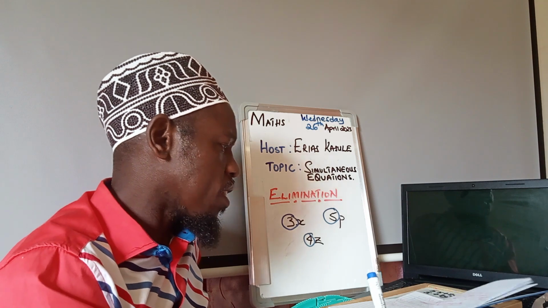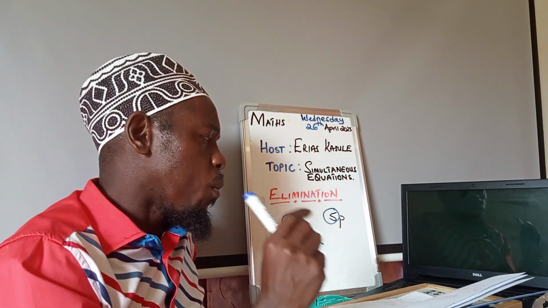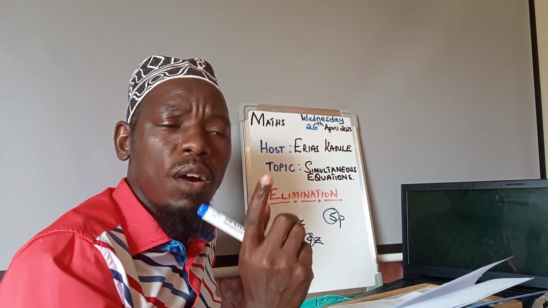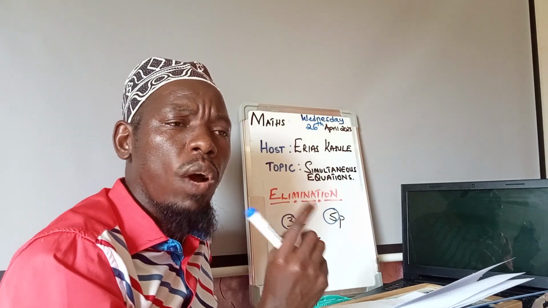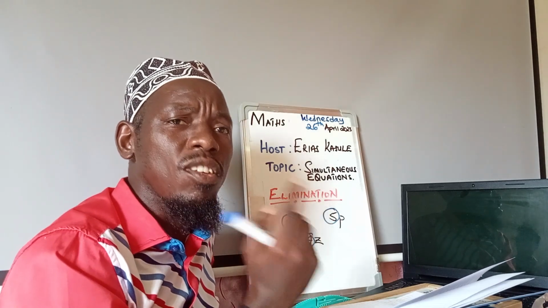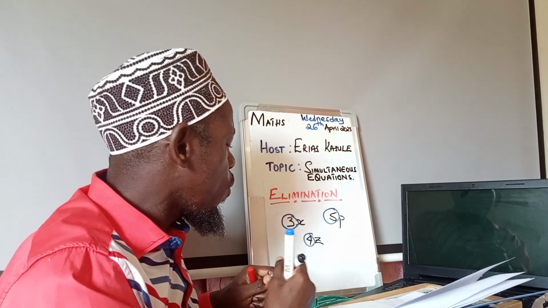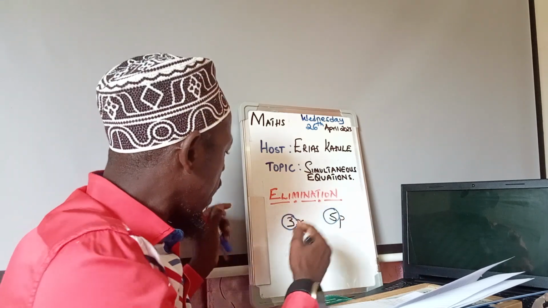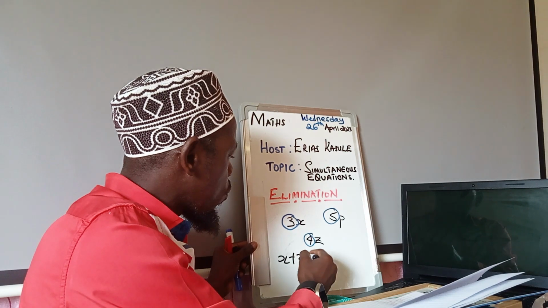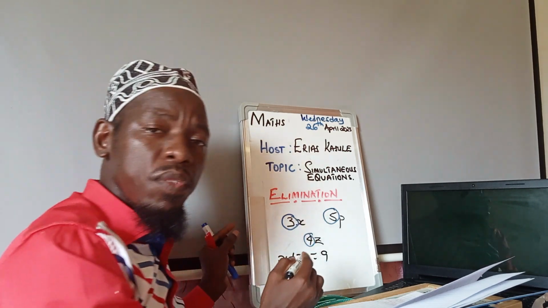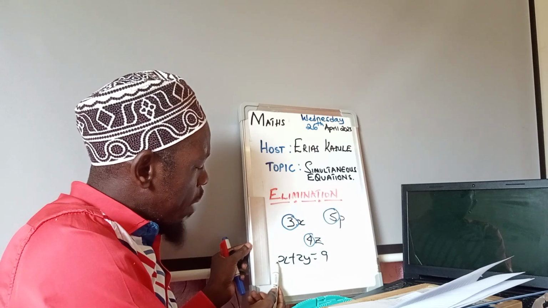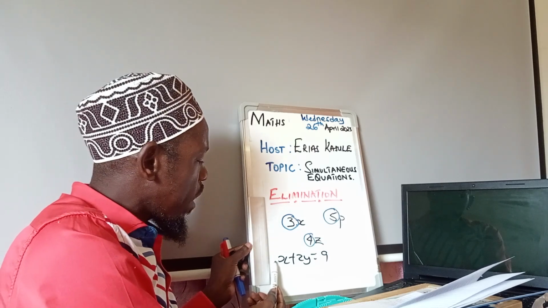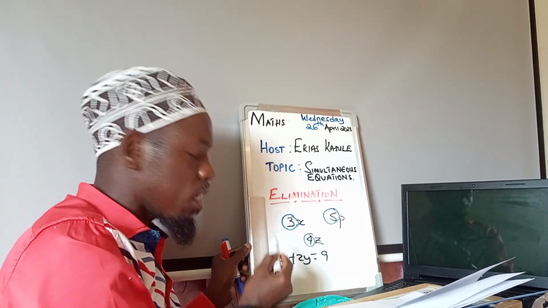Then somebody asked that where I add x without any coefficient shown, why did I use 1 other than 0? If you look at the equation that we had, I think it was x plus 2y equal to 9. Always when you don't see any number there, it means that the coefficient is 1.